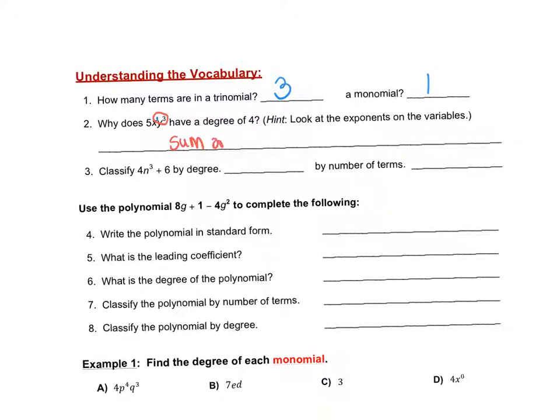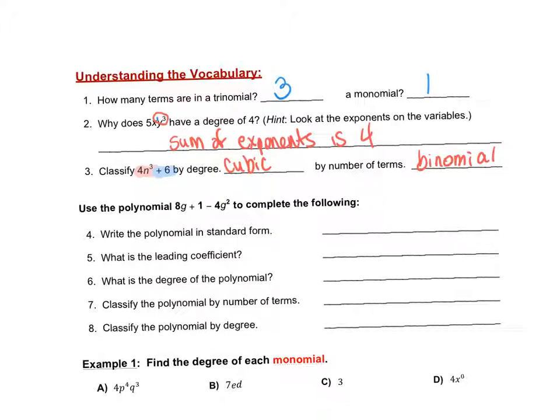So the sum of the exponents is 4. That's why it's a degree of 4. Number 3, classify 4n to the 3 plus 6 by degree. This is a cubic because it's power of 3, and it's a binomial because it has 2 terms. Those 2 terms are 4n cubed and 6.